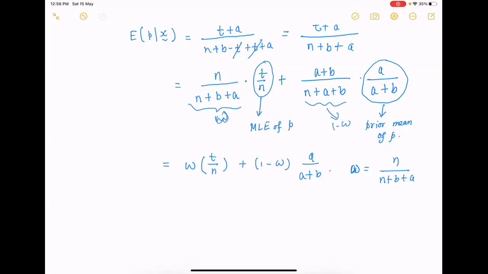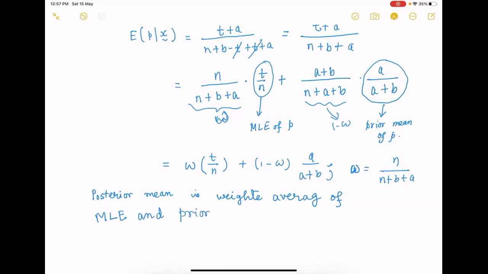So it turns out the posterior mean is the weighted average of the maximum likelihood estimate and the prior mean.